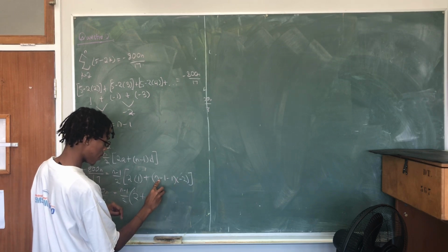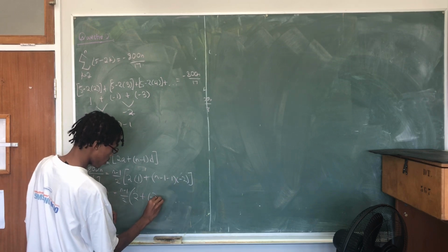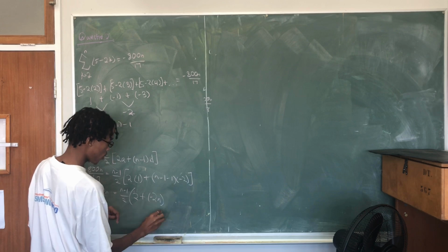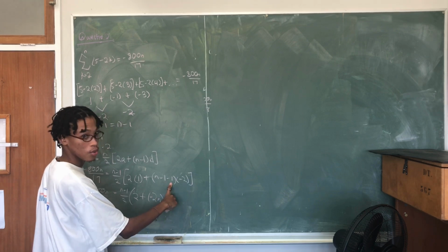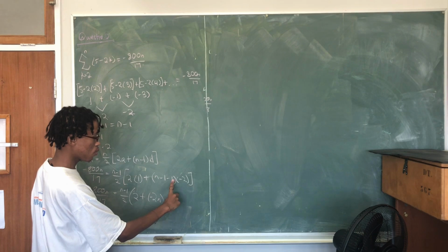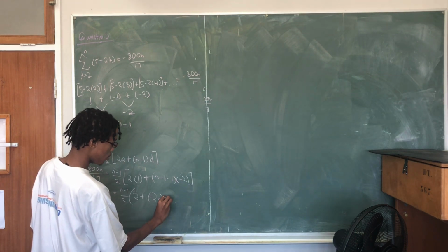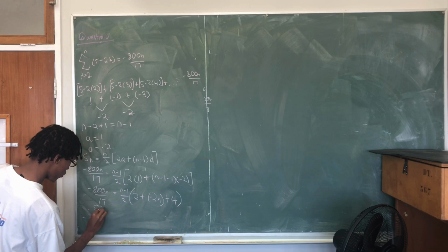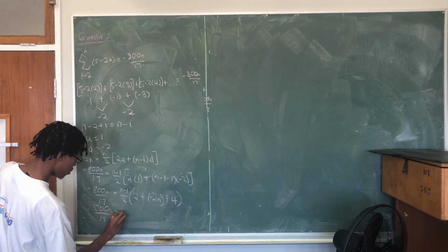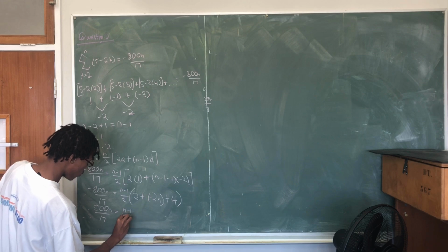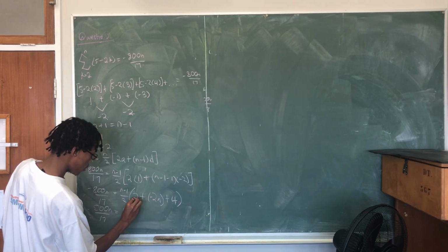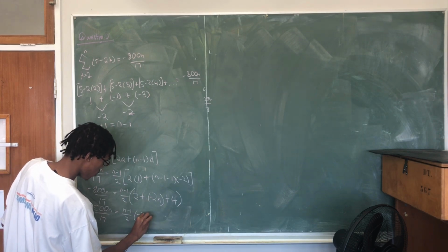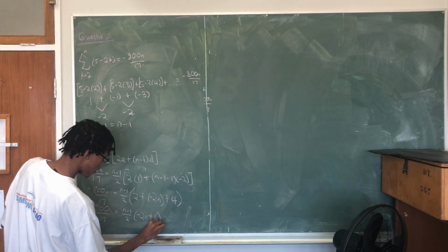Negative 2 times n is going to be negative 2n. Negative 1 minus 1 is going to be negative 2. Negative 2 multiplied by negative 2 is going to be positive 4. So negative 800 n over 17 is equal to n minus 1 over 2 times negative 2n plus 6.